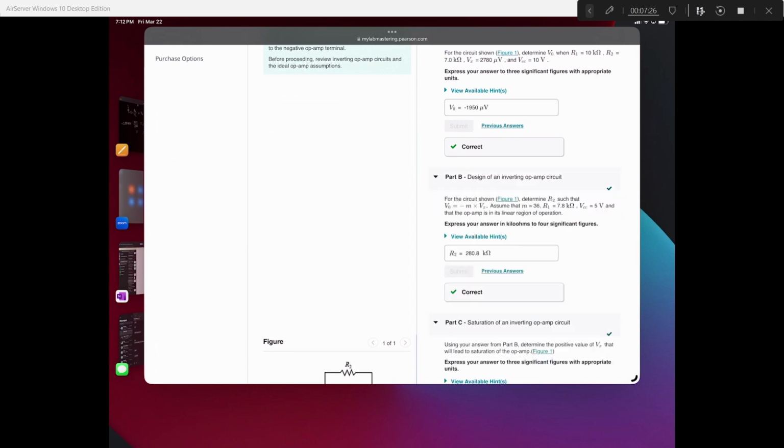And let's figure out R2 if we're given such values. V out, it's telling us that M is equal to 36, R1 is 7.8, and VCC is equal to 5 volts is our limit.